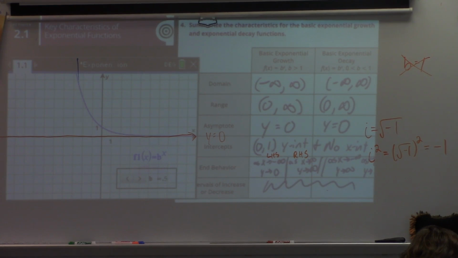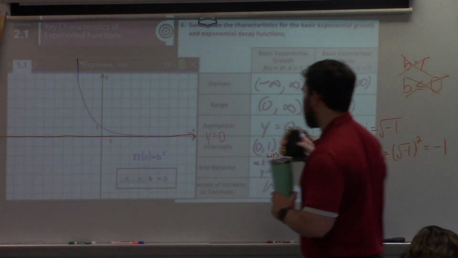Right? If it's a line, it's not exponential. What about if the base was less than or equal to 0? Say it louder. There wasn't anything there for b equals 0, and when it was less than or equal to 0, remember how it got really funky and started bouncing back and forth? So the base could not be less than or equal to 0. Those are some key ideas to keep in mind there.